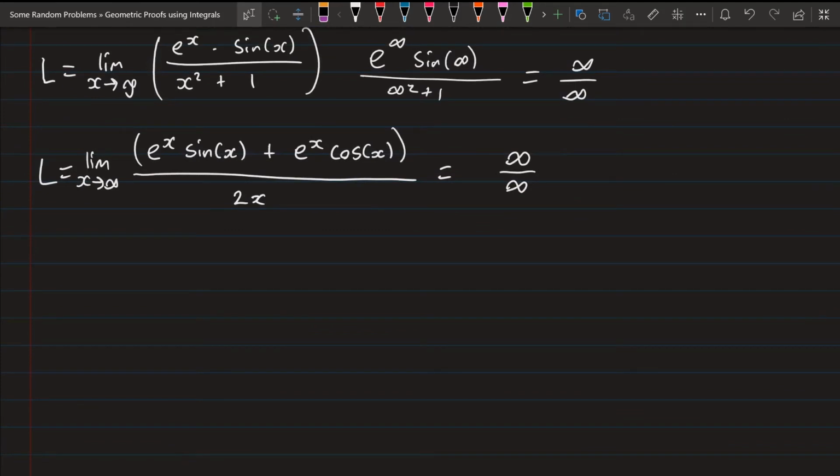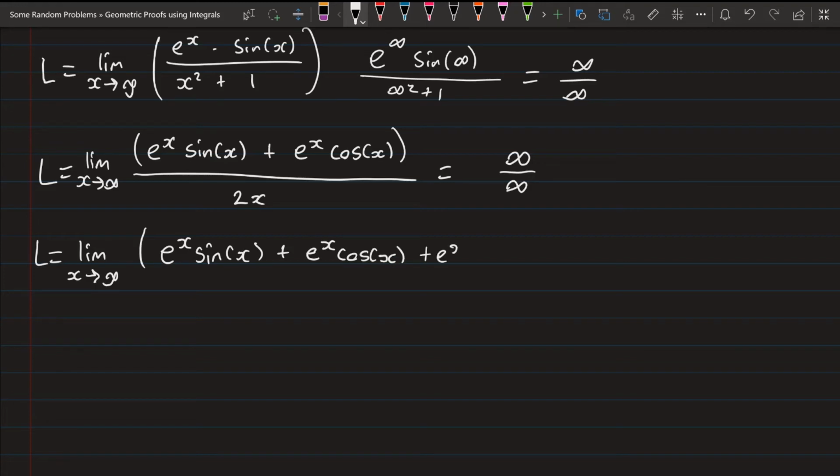So let's go ahead and evaluate the derivatives. We get L is equal to the limit as x tends to infinity of the derivative of this. So we get e to the x sine of x again, plus e to the x cosine of x. And then we take the derivative of that, we get plus e to the x cosine of x.